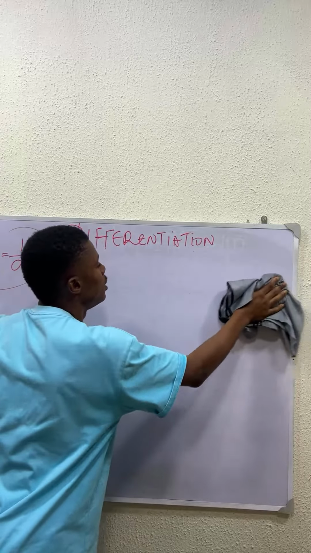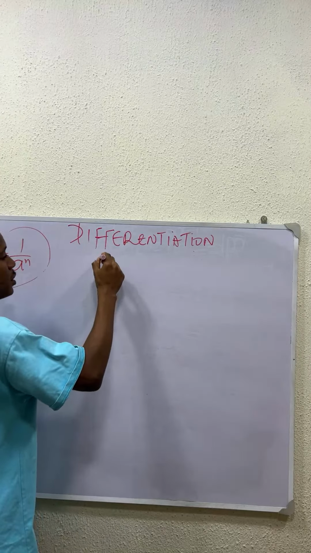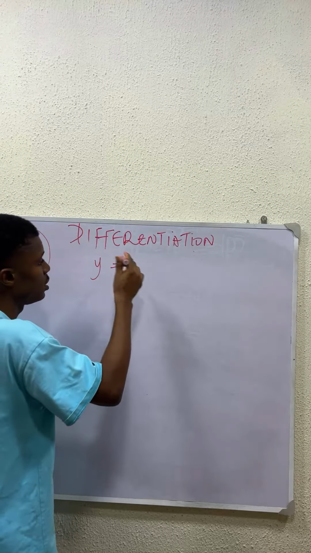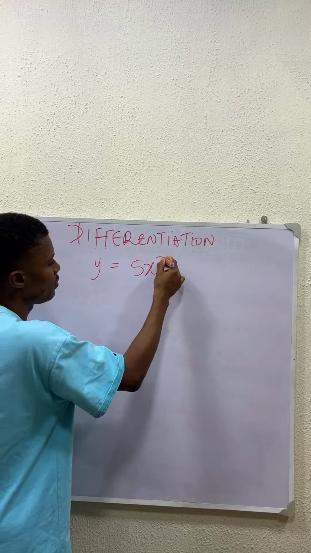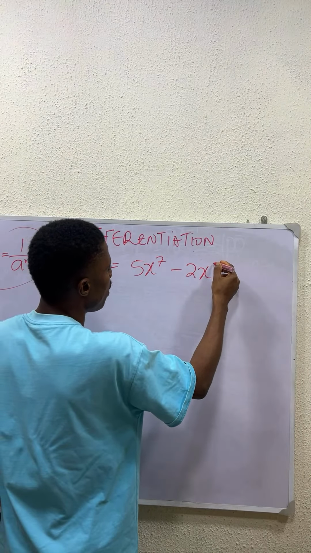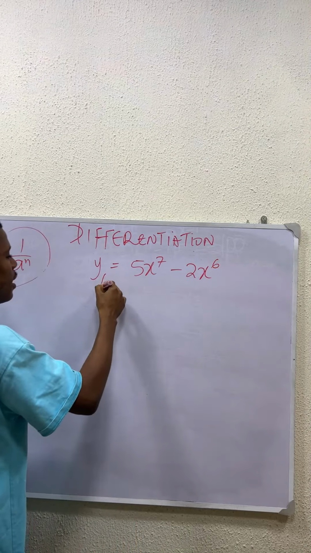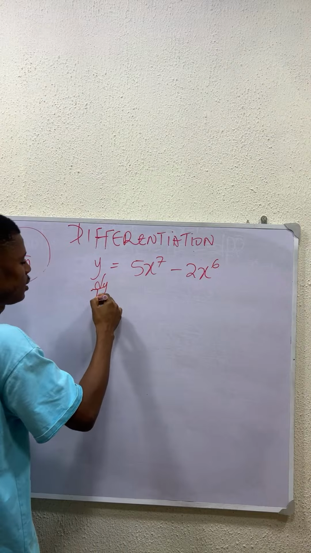Okay, so let's take for instance, we are told to differentiate y equals 5x power 7 minus 2x power 6. We are trying to find dy/dx.